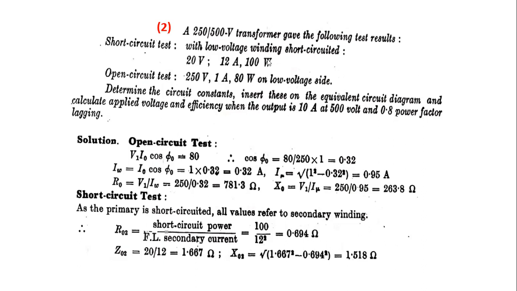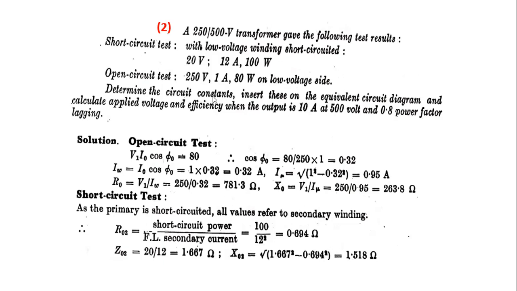Next, from the OC test, 250 volts, that is VOC, and 1 ampere, that is IOC, and 80 watts, that is WOC. WOC means the iron losses.